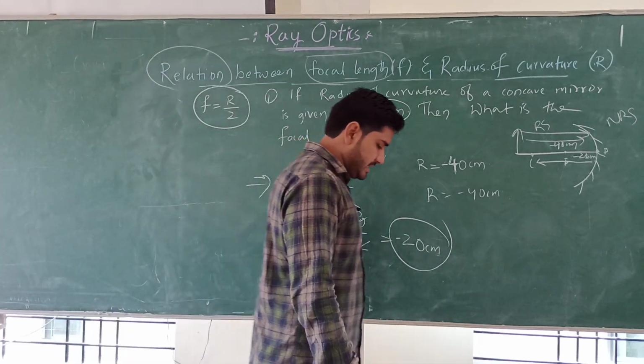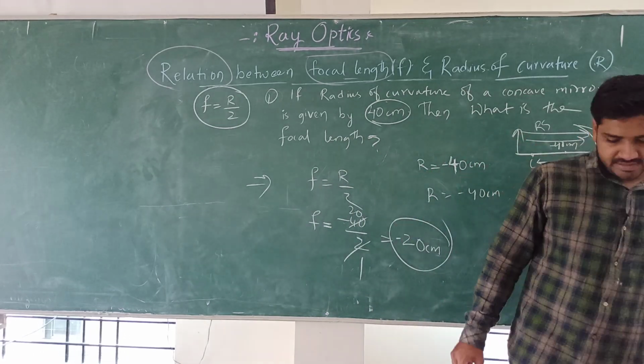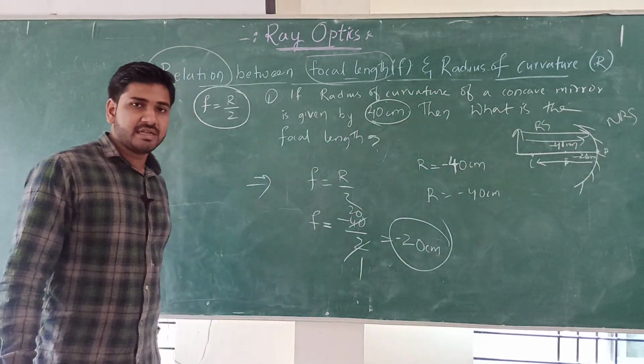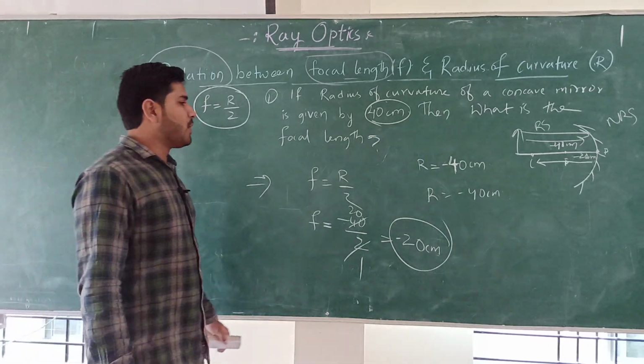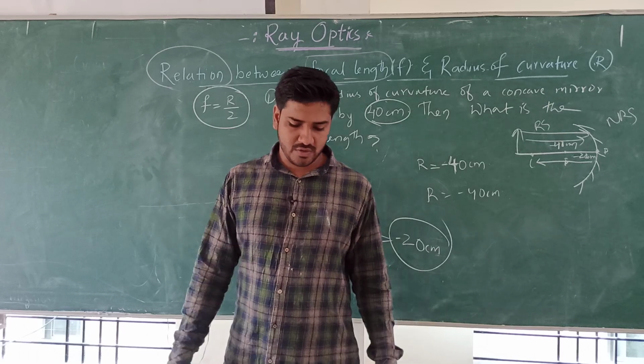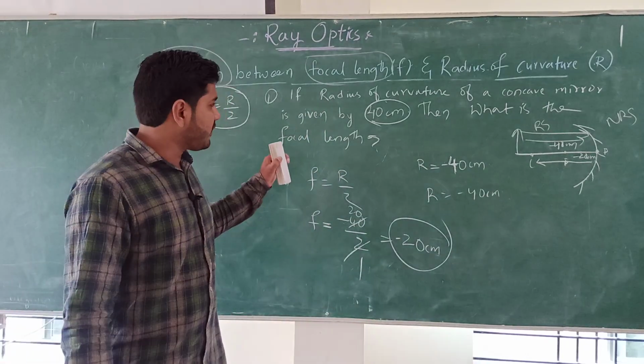The relation between the focal length and the radius of curvature is given by F is equal to R by 2, where R is the radius of curvature and F is the focal length. Whenever you are doing problems, this very basic and very important formula is very helpful.